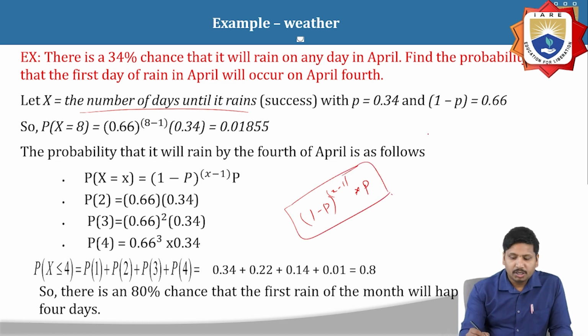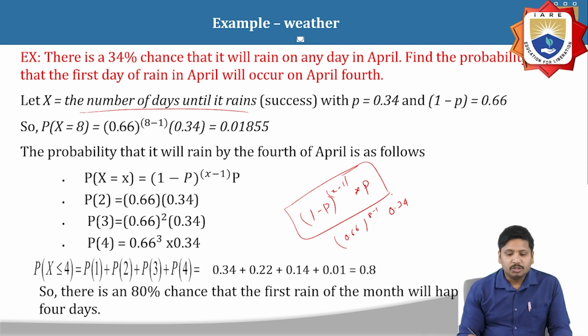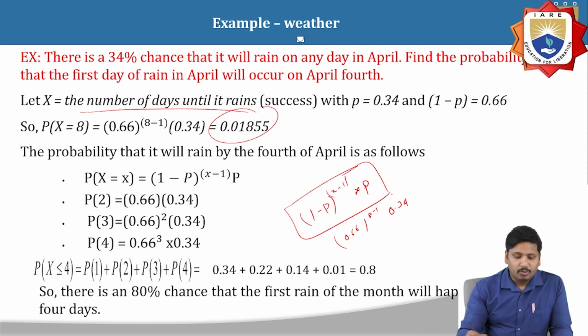In this equation, I'm going to substitute all these values. So 1 minus p is 0.66, raised to the power x minus 1, times 0.34. By substituting all these values, I'm going to get this probability value.